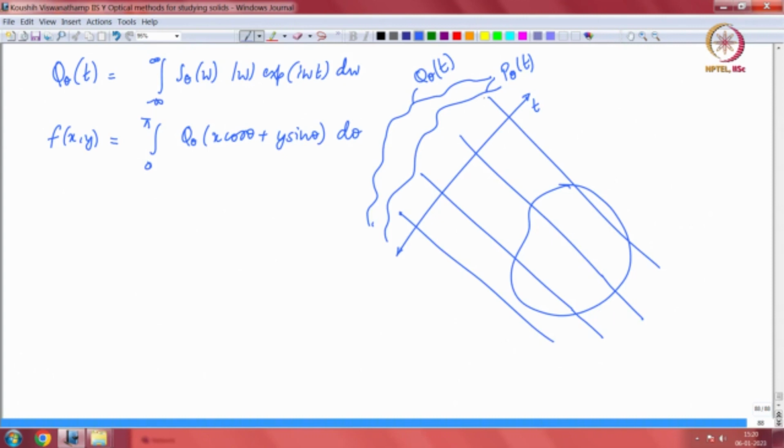Now, at a particular t location, remember this is all at a particular theta, right. So, this is your normal and this is your theta, right, we define theta with respect to the normal. So, we will use the same convention, assume that these two lines are parallel, right, I have tried to indicate that. Okay. Now, at this particular theta, this single projection, this single q theta at a particular location t. So, let us take this location t, right.